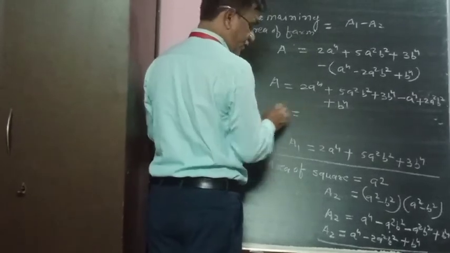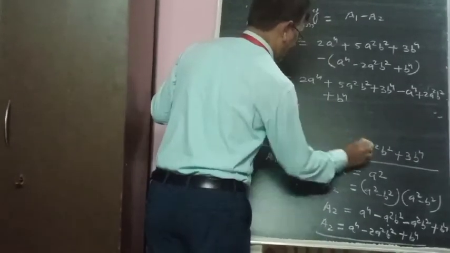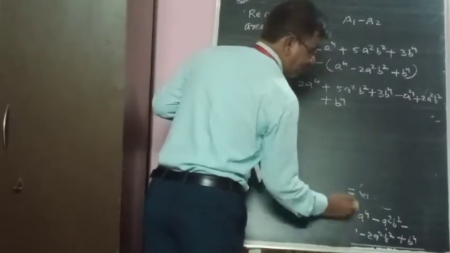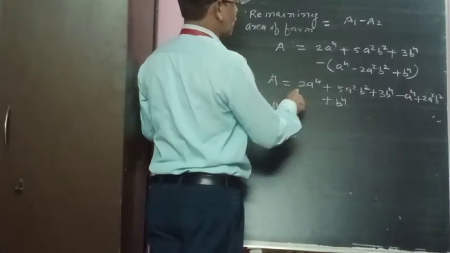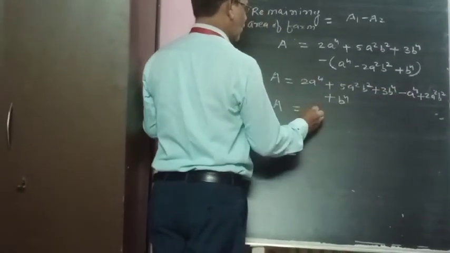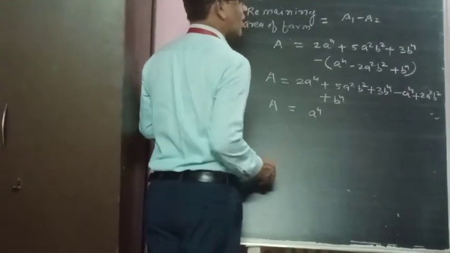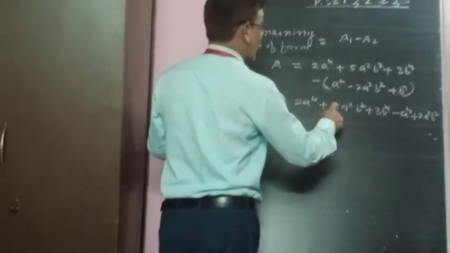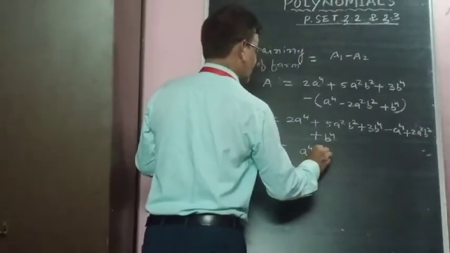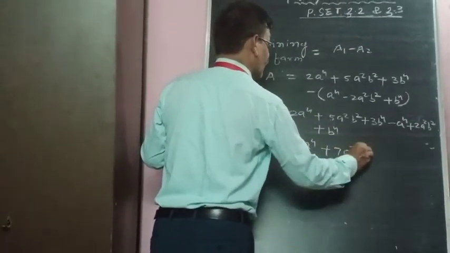Then you get the area A. See here, 2a raised to 4 minus a raised to 4 is only a raised to 4. Then 5a square b square and plus 2a square b square is plus 7a square b square.